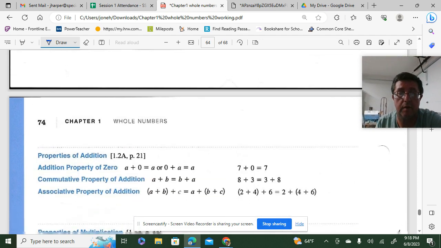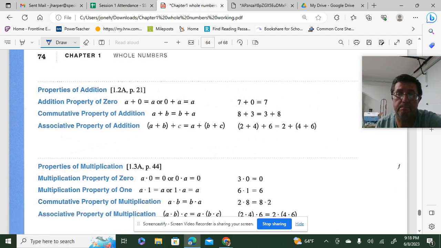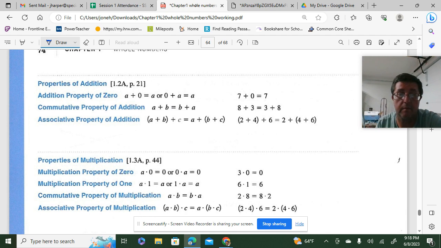But guess what? If you guys need to look up properties, this would be properties of addition. Addition property of 0: a plus 0 equals a, or 0 plus a equals a. Actually, this is very valuable. I'm going to take this down.